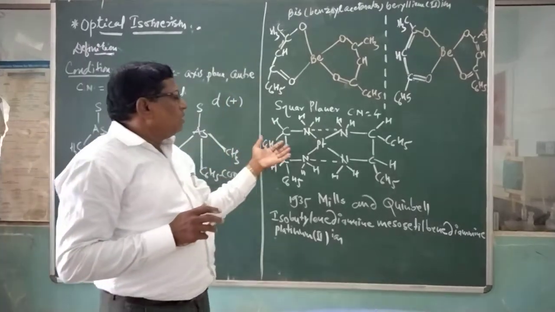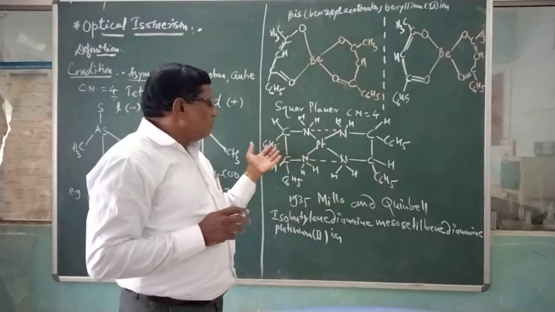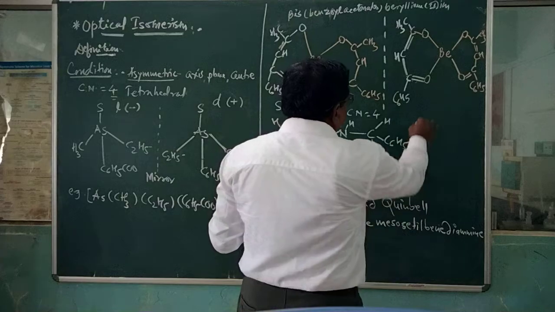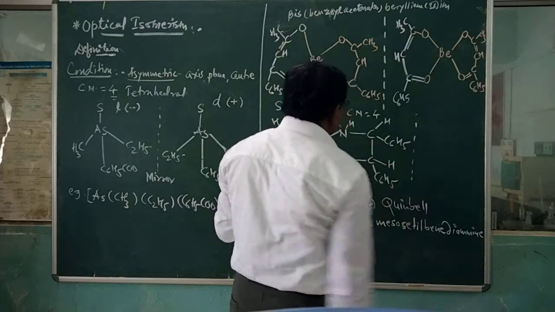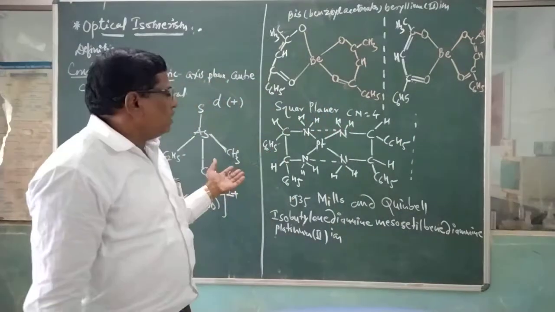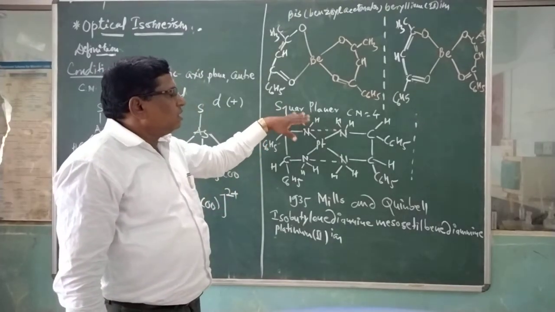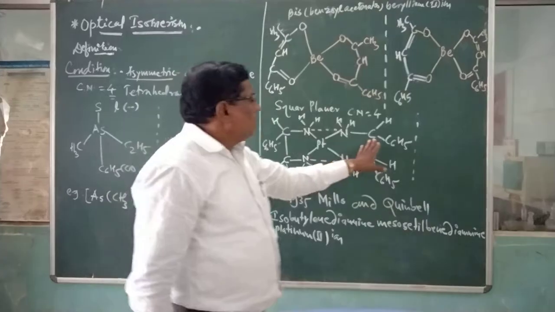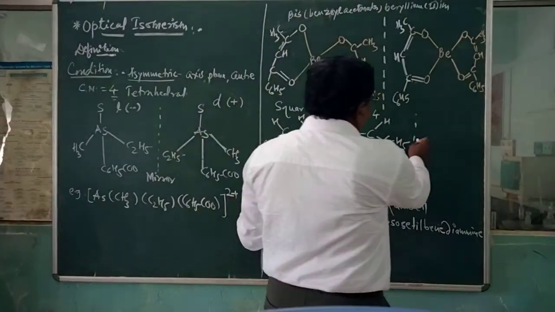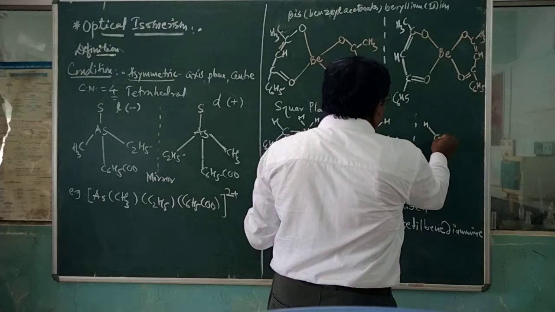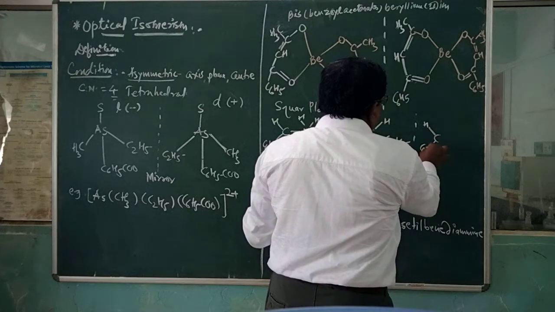Now another, square planar complexes with CN equal to 4. This will be one compound, and this will be the mirror image of the other compound. Here we have H, carbon, and C6H5.